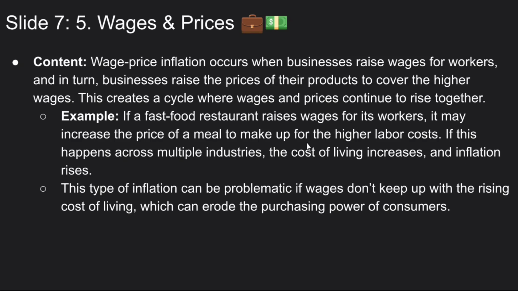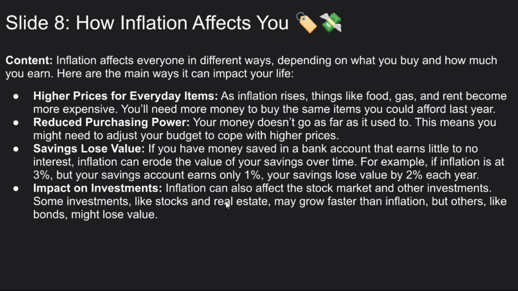This can happen over multiple industries, and if it does, the cost of living as a whole can increase and inflation can rise. This type of inflation can be problematic if wages don't keep up with the rising cost of living, and it can certainly erode the purchasing power of consumers.